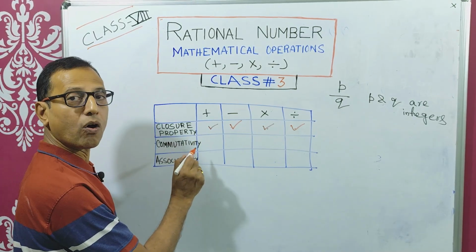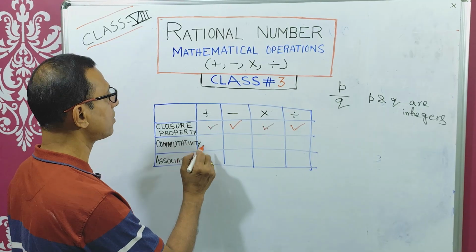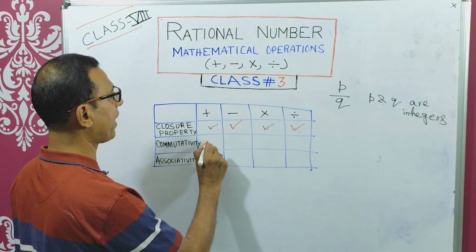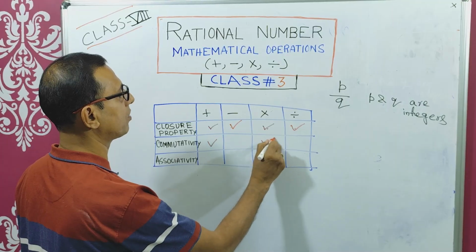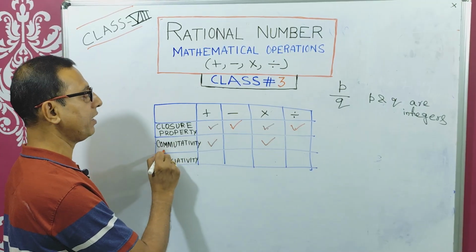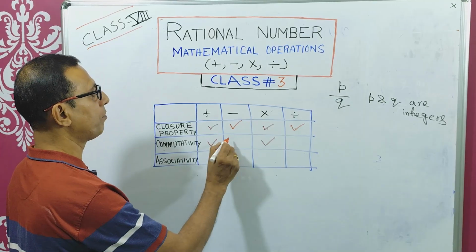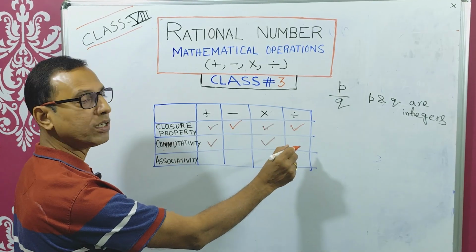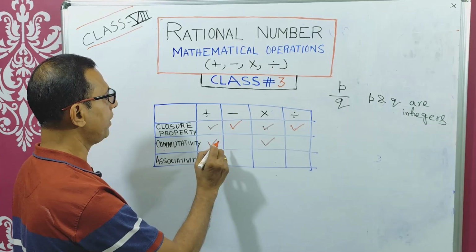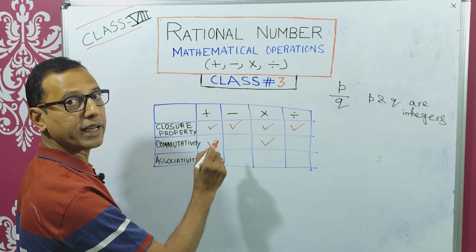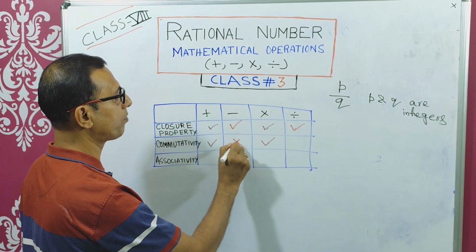If you change the order of numbers, there is no impact for addition or multiplication. Therefore, commutativity is supported by addition and multiplication. Whereas for subtraction and division, if you change the order, the result gets changed. So it is not supported.